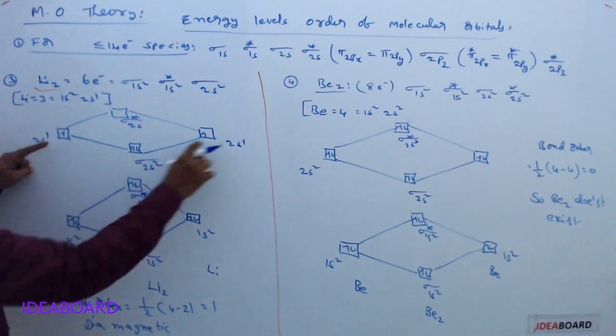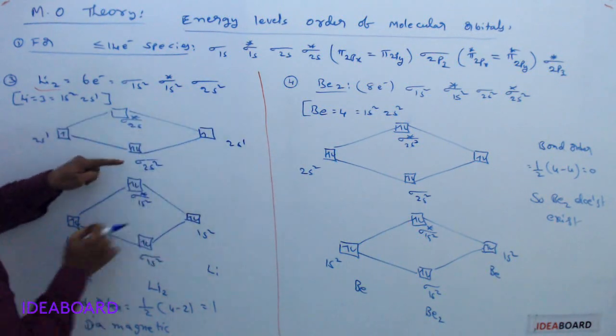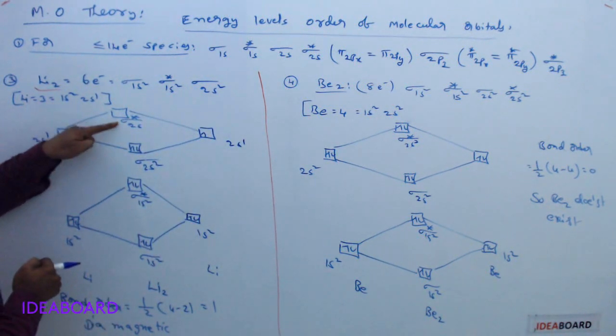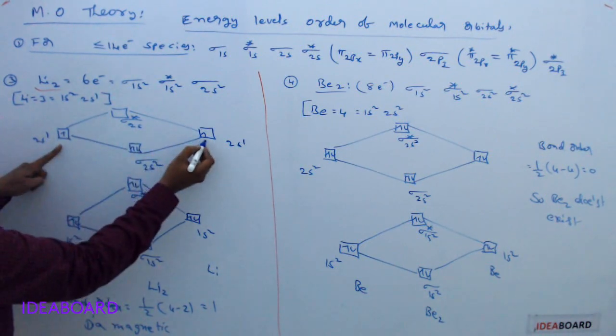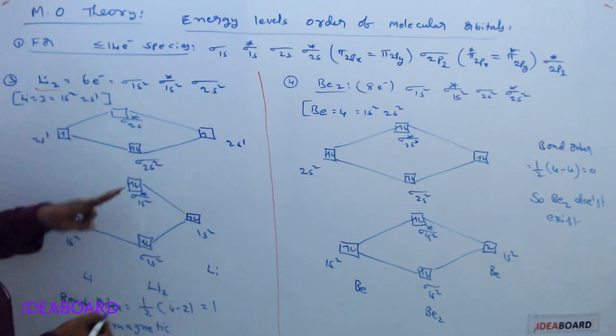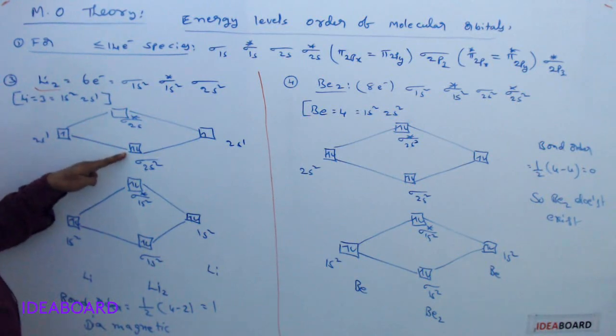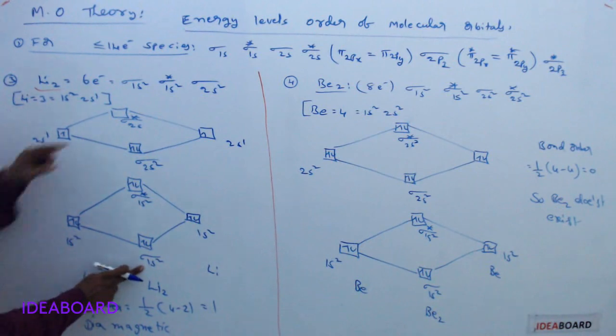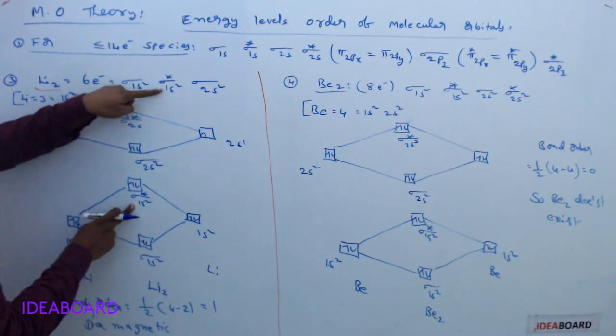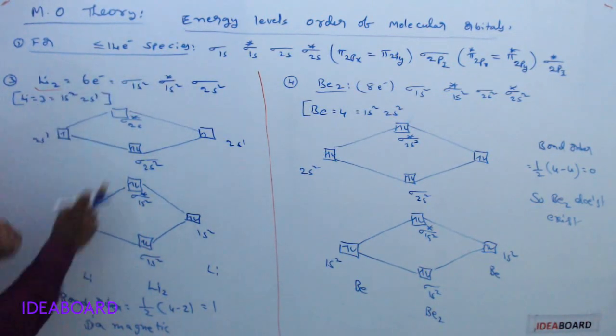Next, when the 2s1 and 2s1 combine, they form sigma 2s and sigma star 2s. Here 1 electron, here 1 electron, only 2 electrons we have, so I fill the lower energy orbital first and the upper one is empty. So we have sigma 1s2, sigma star 1s2, and sigma 2s2.